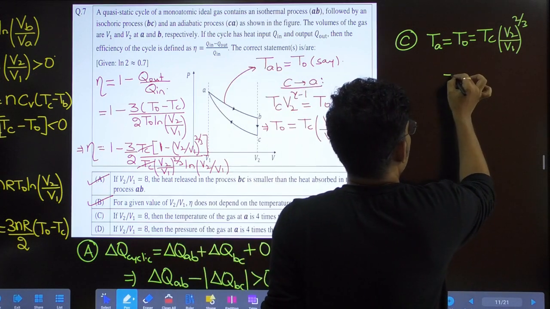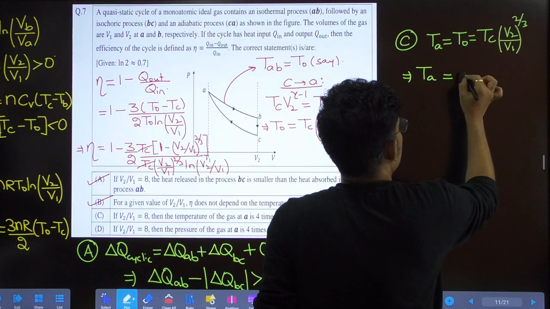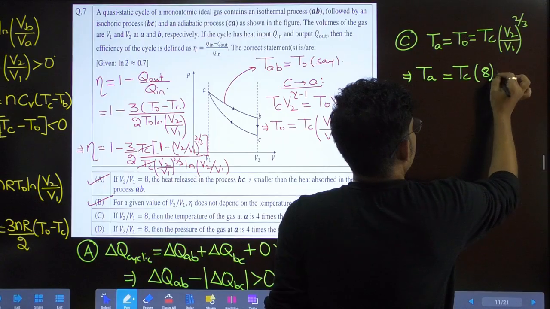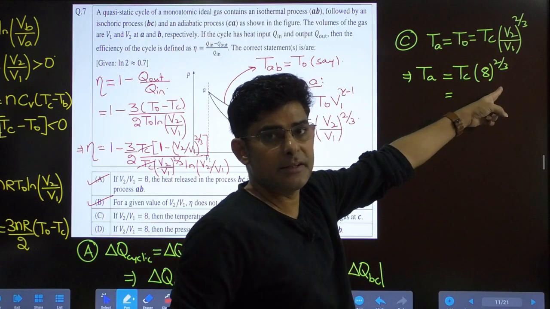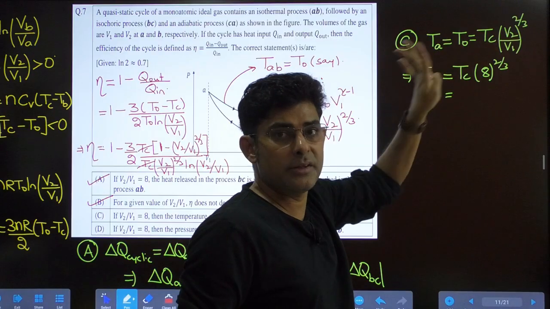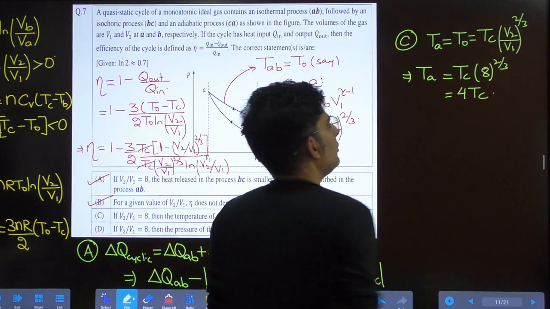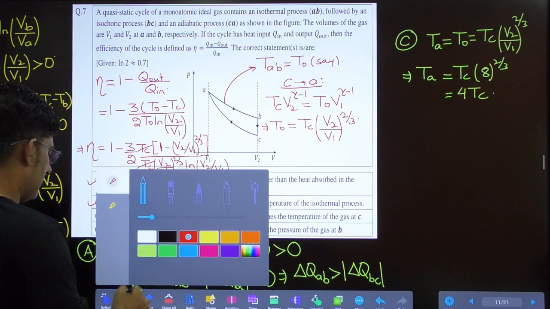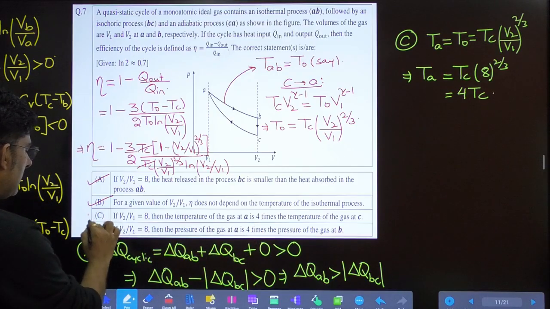So Ta becomes Tc 8 power 2 by 3. Now 8 power 1 by 3 is how much? 2. 2 to the power 2 is how much? 4. So it becomes 4 Tc. So Ta is equal to 4 Tc. Yes, it is also a correct statement. Temperature of gas A is 4 times. Correct.